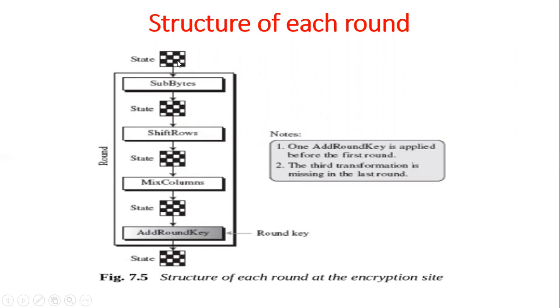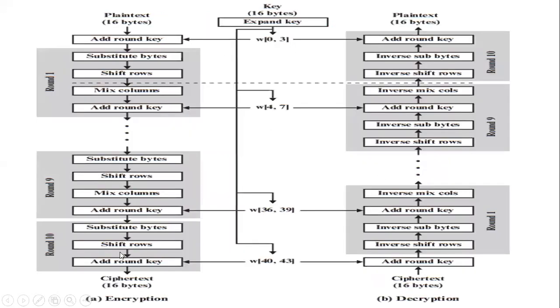So for each round, the state first goes through SubBytes, then shift rows, then mix column, then add round key, and finally we move into the next round. Add round key is applied before the first round. The third transformation, mix column, is missing in the last round, as we have already seen.